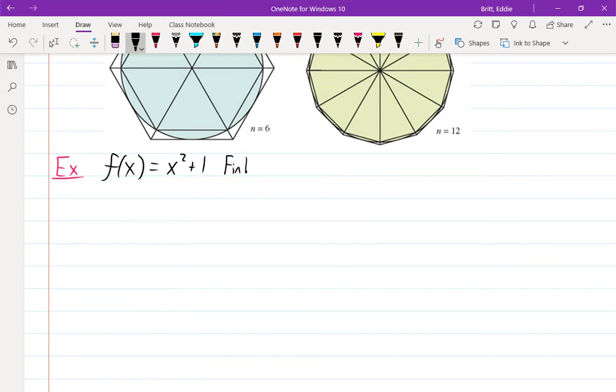Of course, this is going to be an approximation under the curve, and we'll graph the curve on the interval from 0 to 2.